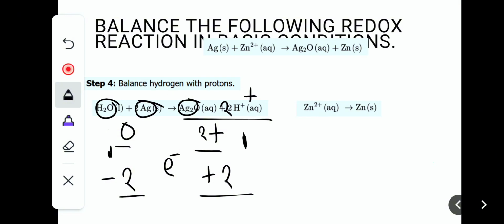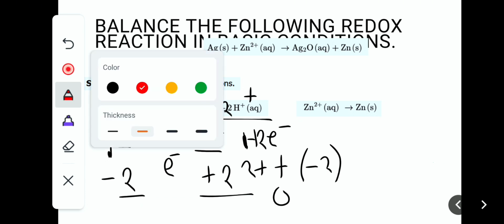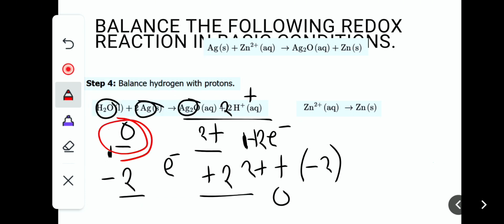Let's try adding an electron this side. Let's add 2 electrons like that. When we add 2 electrons, this is going to be a 2 plus and a negative 2 like this. So this is going to give us a 0, meaning that the 0 that was initially here is now equal to the 0 that we have. Hence, to balance the charge here, we need to add 2 electrons on the product side.